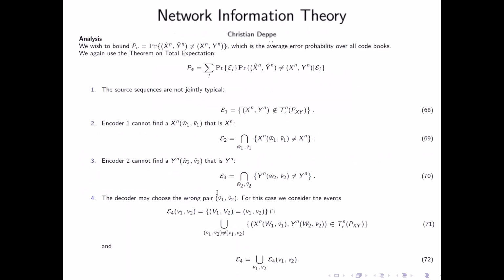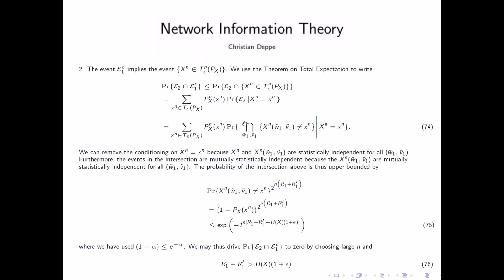If you look here, the second event is that encoder 1 cannot find a sequence which is equal to the sequence emitted by the source. We look at the probability of event E2 and E1 complement.